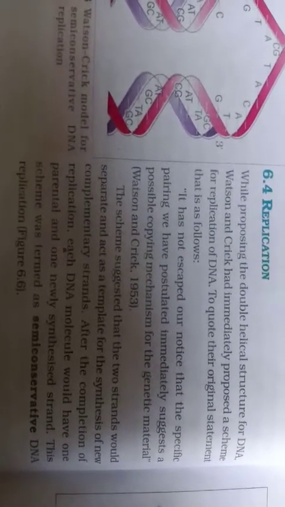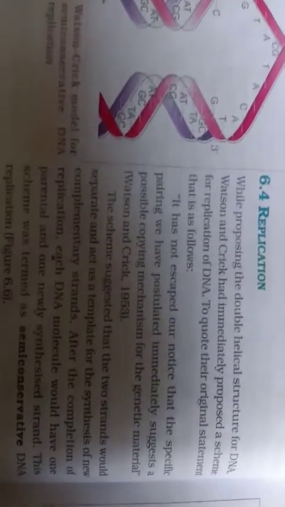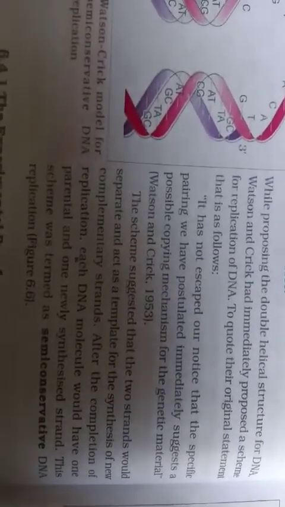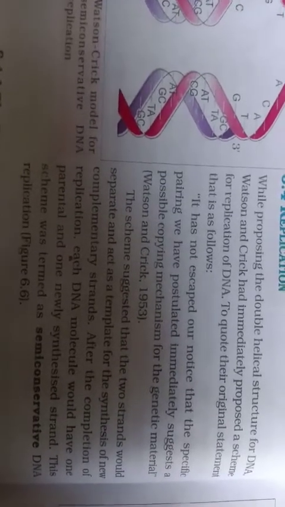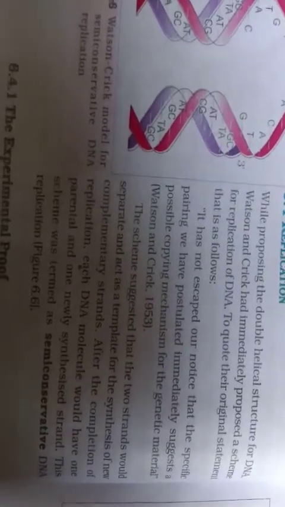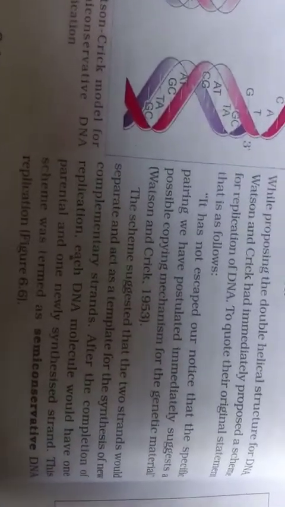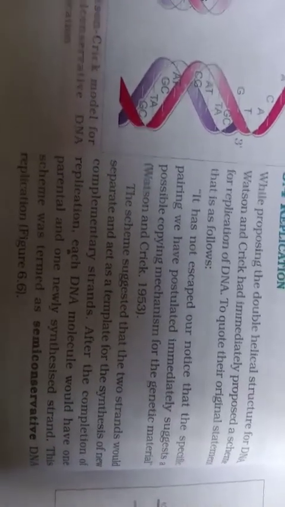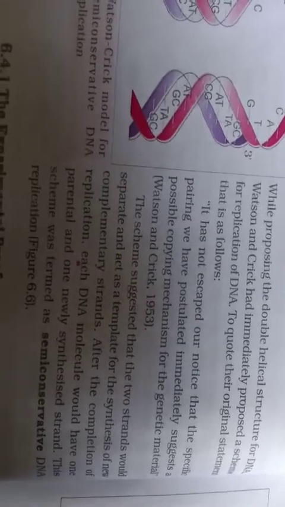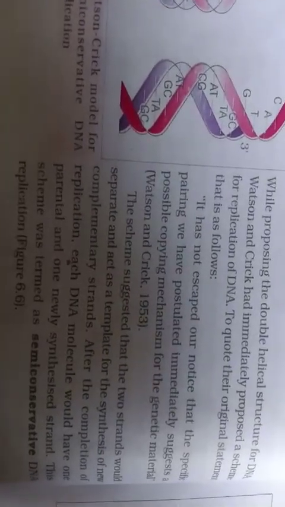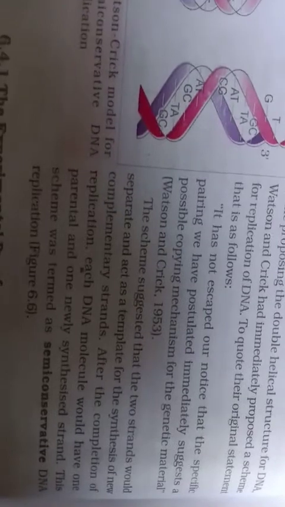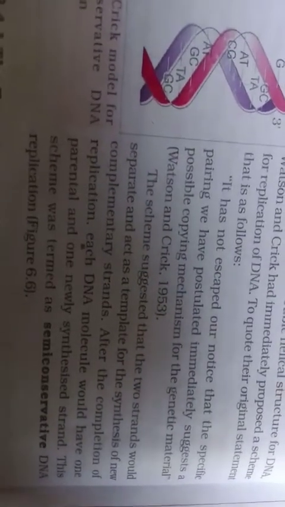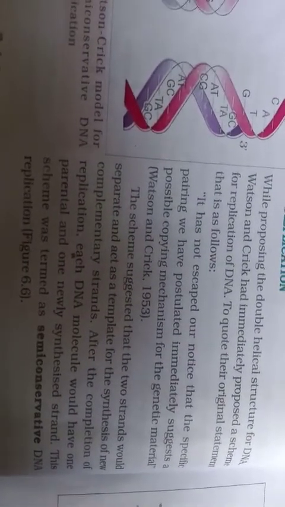In this way, after the completion of the replication, each DNA molecule would have one parental and one newly synthesized strand. This is the central theme of our topic today, and this scheme was termed semi-conservative DNA replication.